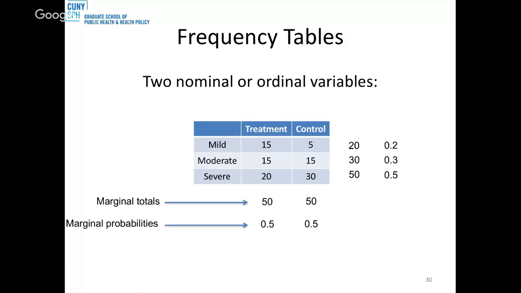Another way we'll be referring to the probabilities inside the table will be conditional probabilities. We'll get into this later, but I will refer to things like the probability of experiencing mild pain conditional on being in the treatment group or conditional on being in the control group.